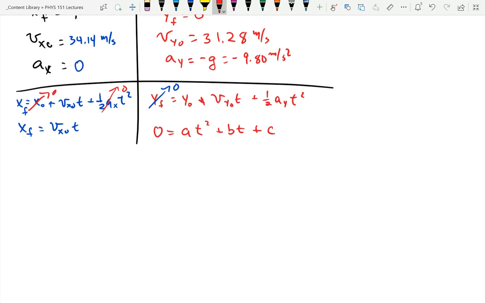That's the form of the equation, and then the values for t that make that true are t equals negative b plus or minus square root of b squared minus 4ac all over 2a.